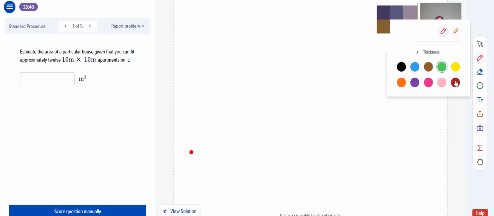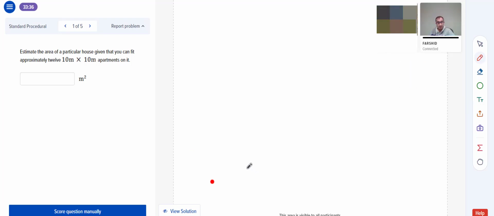Okay, so let's estimate the area of a particular house, given that you can fit approximately 12 apartments of 10 times 10 meters on it. First, let's just do 10 times 10. 100.